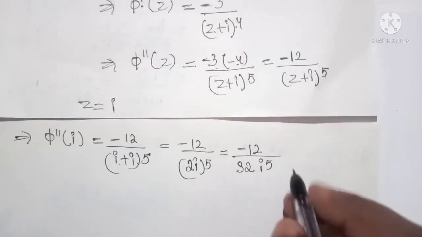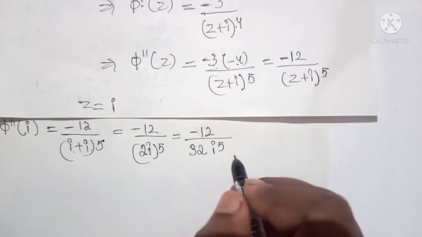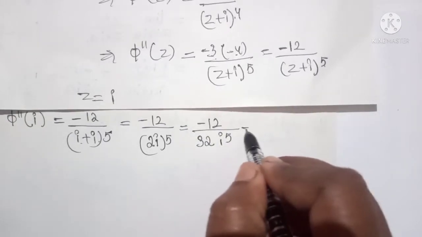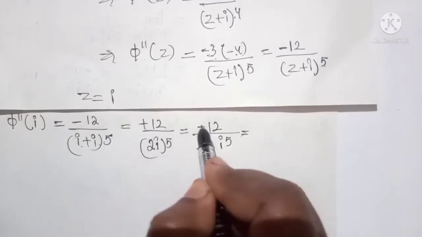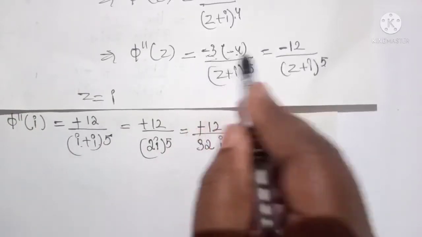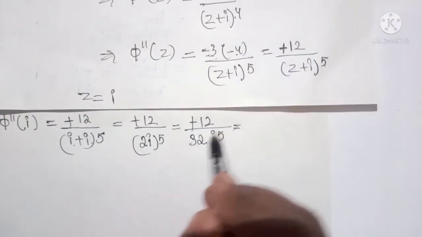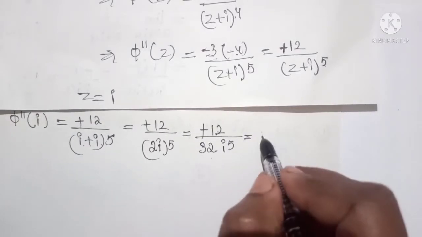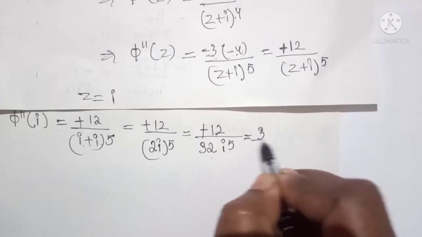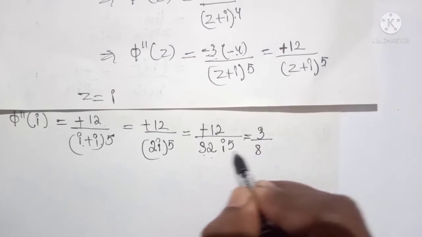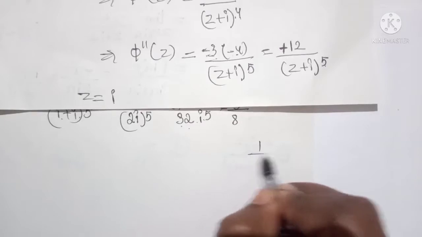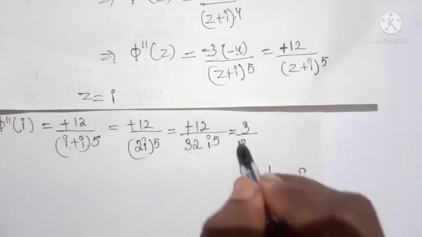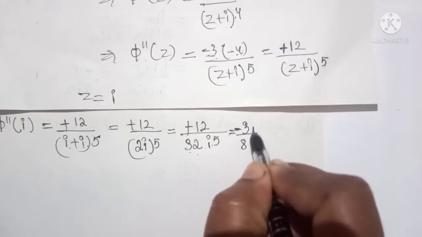Simplifying, we know that i power 5 is i. Simplifying 12 by 32, we get 3 divided by 8, and 1 by i power 5, which is minus i, goes to the numerator, so it becomes minus i.